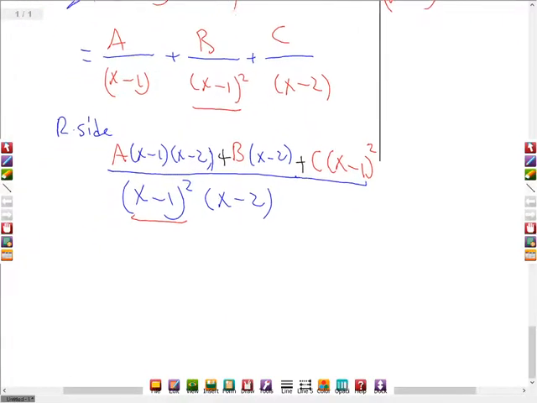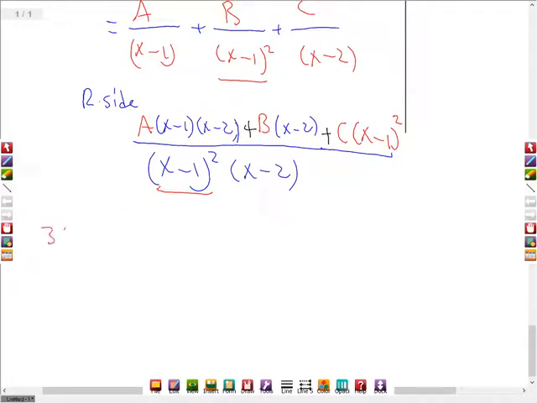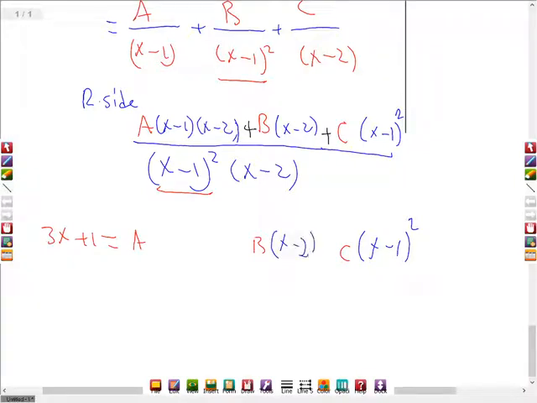Then make the numerators on both sides equal to each other. 3x plus 1 equal A, B, and C. I'm going to make this blue. x minus 1 squared, x minus 2, x minus 1, and x minus 2. Guess what values of x?